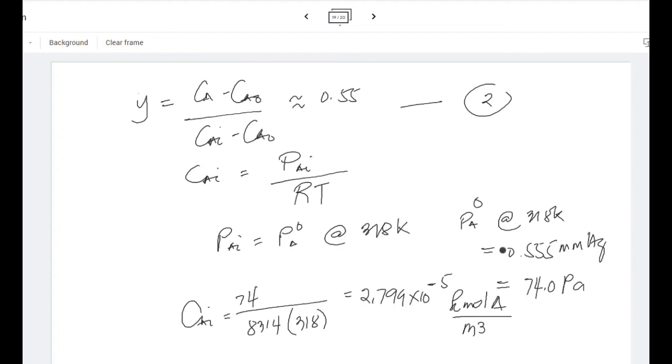So at the given temperature of 318 Kelvin, the pure vapor pressure of naphthalene, which will also be considered as its partial pressure at the interface, is 0.555 millimeters mercury. So we need to convert that to Pascal so that it will agree with the rest of the units that we're using, and the equivalent of that is 74 Pascal.